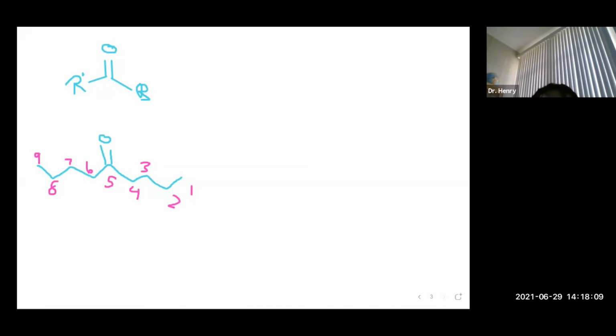So then we would call this guy nonone. And then we'd say, where is it located? On the 5th carbon. So that tells me I have that double bond to an oxygen on that 5th carbon.